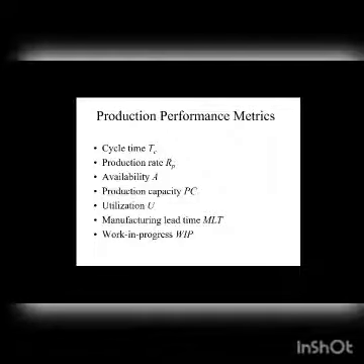Production performance metrics: we have the cycle time, production rate, availability, production capacity, utilization, manufacturing lead time, work in progress. All these are quantitative measures that represent the production performance.